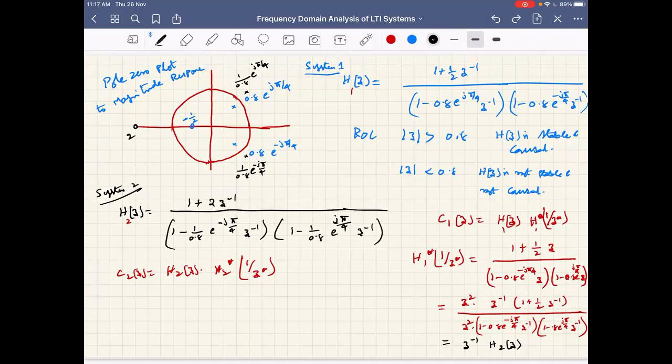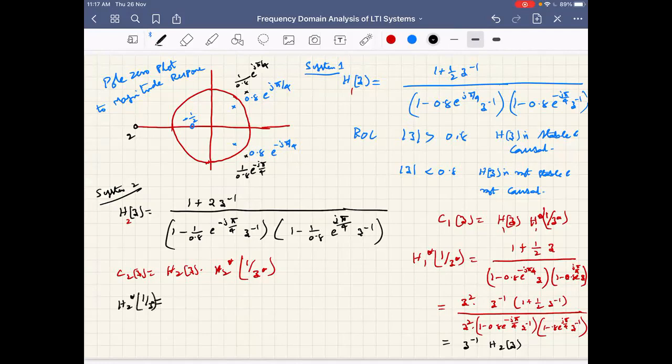When we write this, what you have here is Z inverse into H2. Similarly, when you see now H2, similarly H2 star of 1 by Z star here.